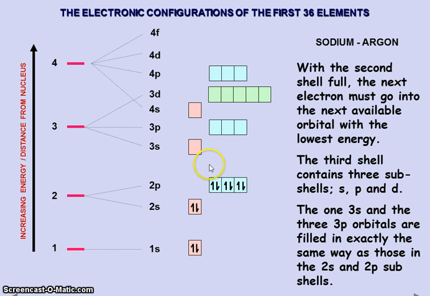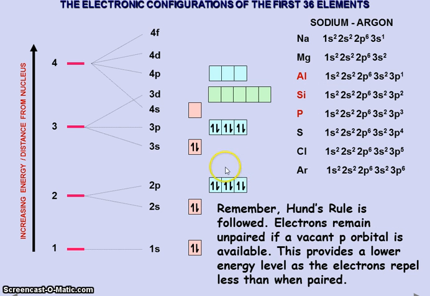Then if we go through sodium to argon, we can see that these electrons fill up. Sodium puts 1 electron in the 3s subshell. Magnesium has 2 in the 3s subshell. Aluminium, silicon and phosphorus have singly occupied orbitals here. Then we get to sulfur, and we start pairing up the electrons. And so this represents argon.